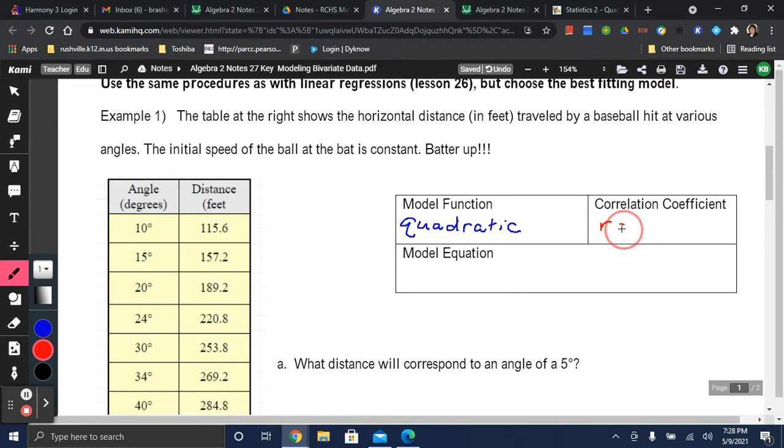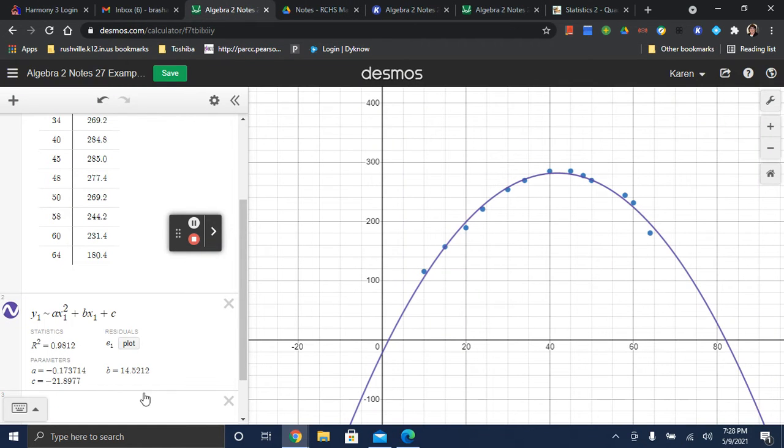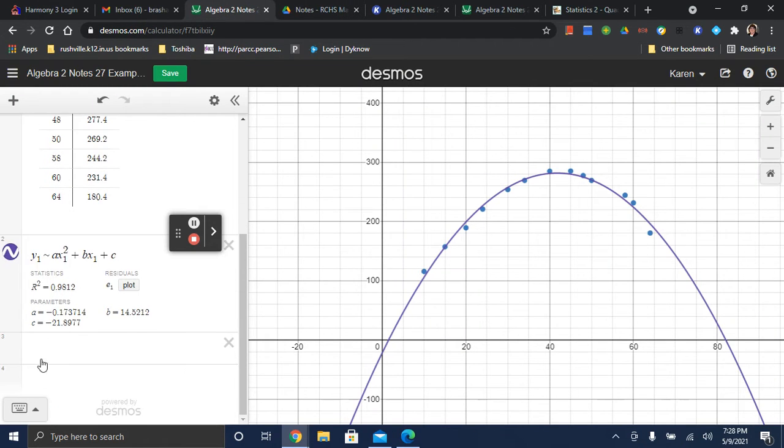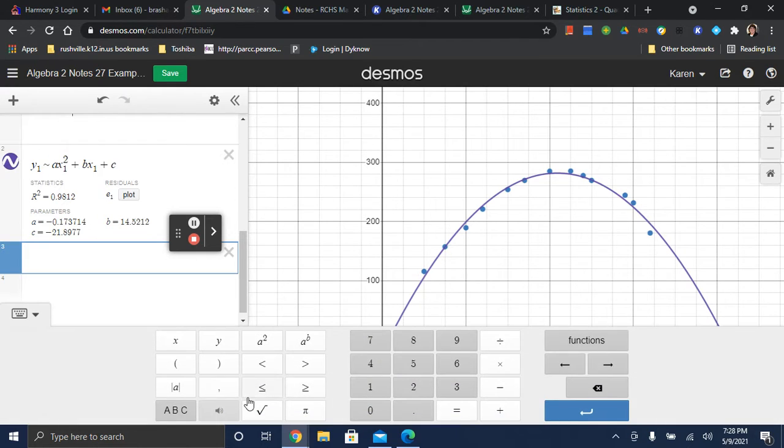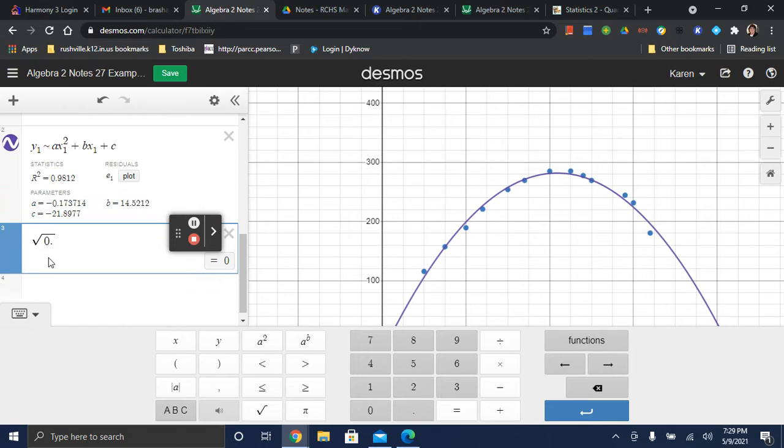When you do a quadratic regression, it doesn't give you R, but you can make that calculation because it would be the square root of R squared. So use your square root button and type in the value that you have for R squared, which would be 0.9812.